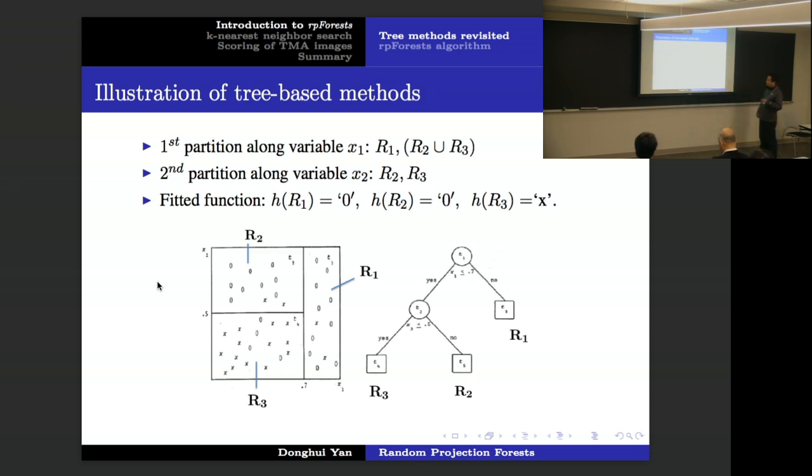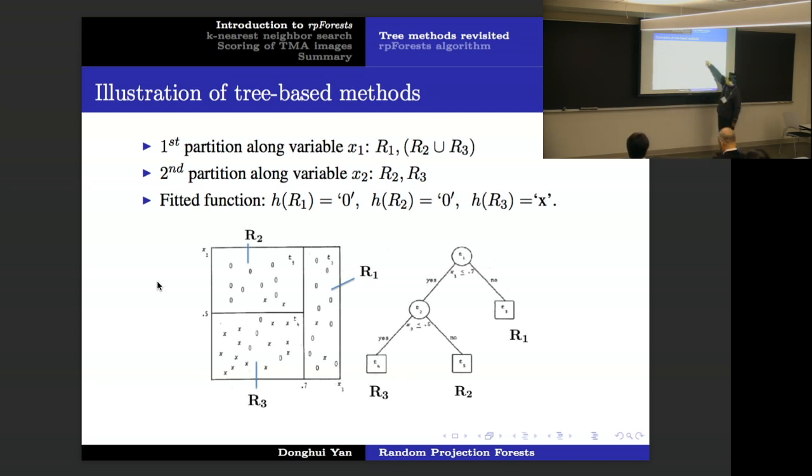Now we want to construct a tree that can separate the 0s and the xs. How are we going to do it? First, it will select some variable, for example, x1. Then it will calculate at which point to split the data. Suppose this is the point it selects, which is optimal according to some metric. So it splits the data into two halves.